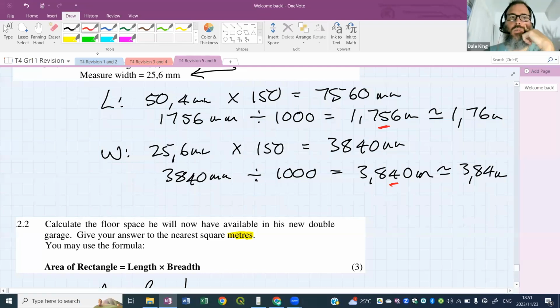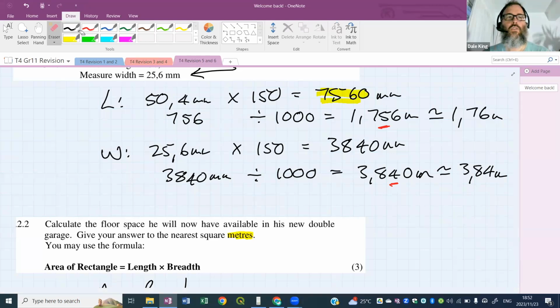Our length is supposed to be longer. We got 7560 at the top here, and it changed to a 1756. That's my mistake. All of a sudden our length became smaller than our breadth, which is not supposed to happen.